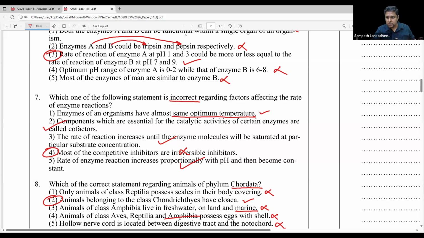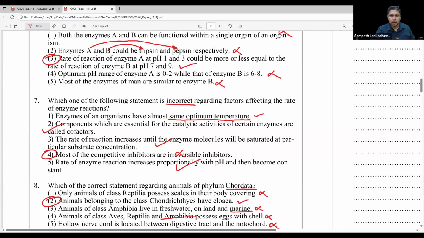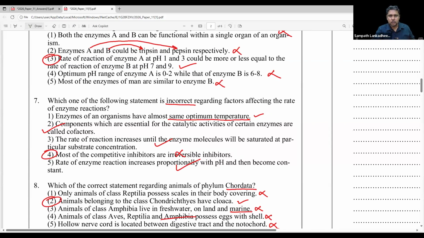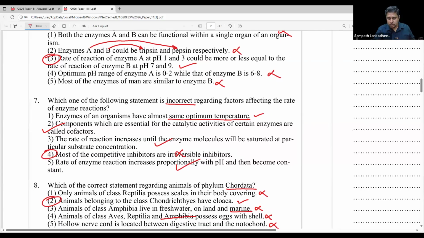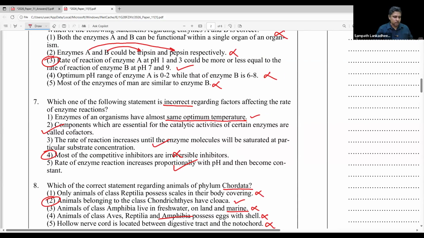Most of the competitive inhibitors are irreversible. Reversible. Two wrong. Here, two wrong. Right, the marking scheme for the seventh question says the answer is 4 and 5 both. In the seventh question, 4 and 5 are both wrong. Okay.